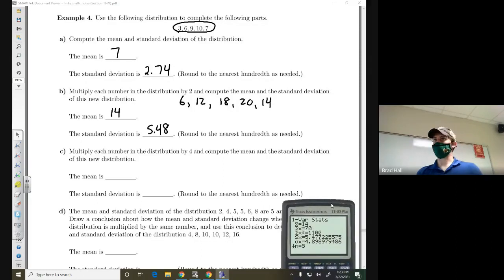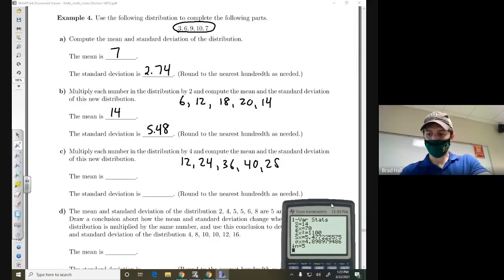Now it wants us to multiply all of them by 4. We're thinking, okay, this is a fairly tedious process. 3 times 4 is 12. 6 times 4, 24. 9 times 4 is 36. And 40, and 28.